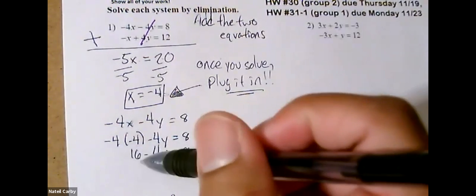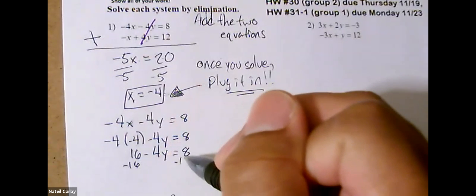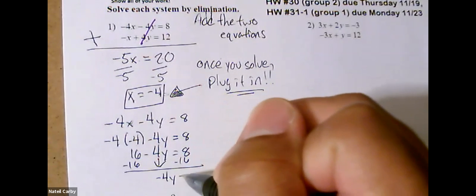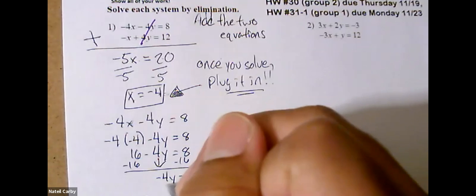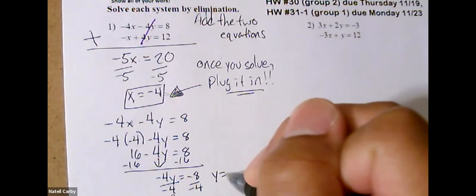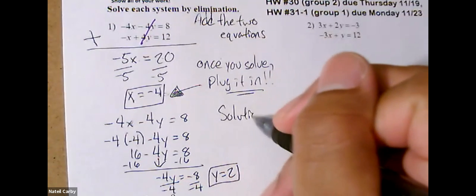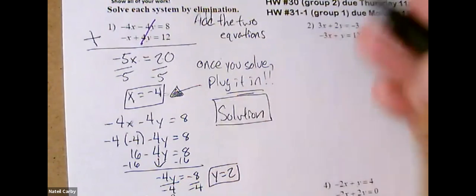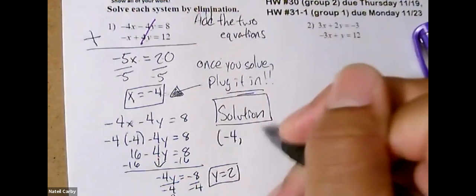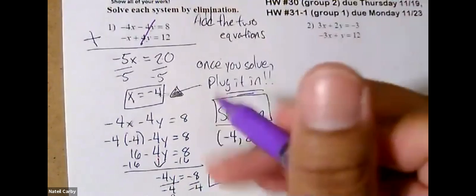I want to isolate my y, so I get rid of 16. Then I have -4y equals -8. Divide by -4, y is equal to 2. So my solution, my x and y, is -4, comma 2. That's my answer.